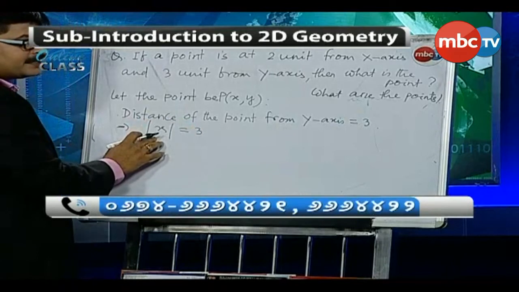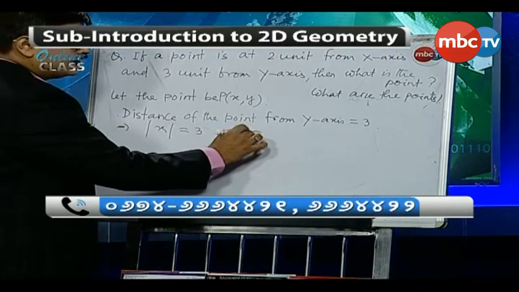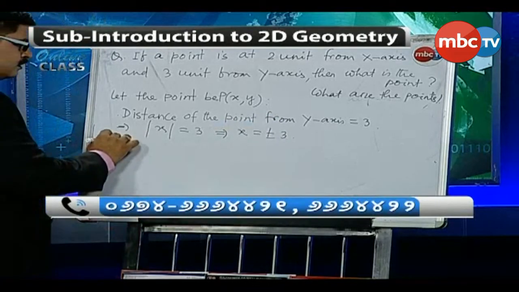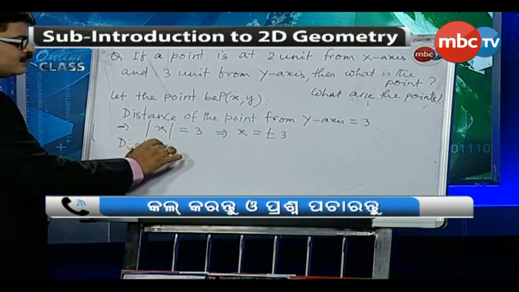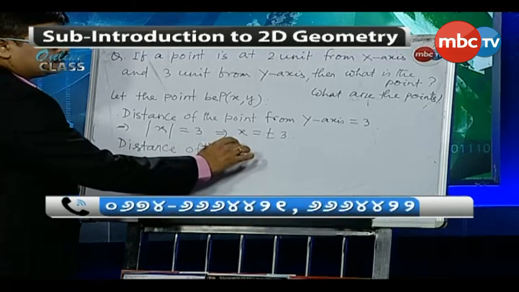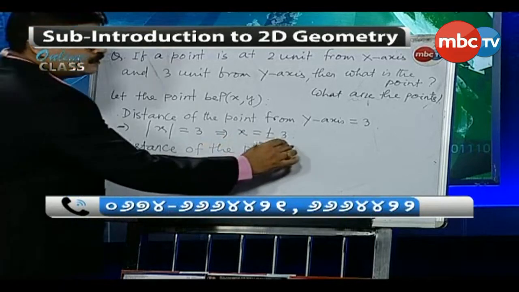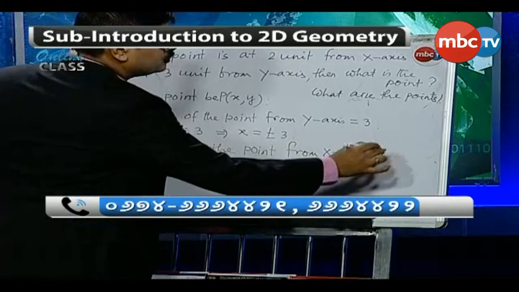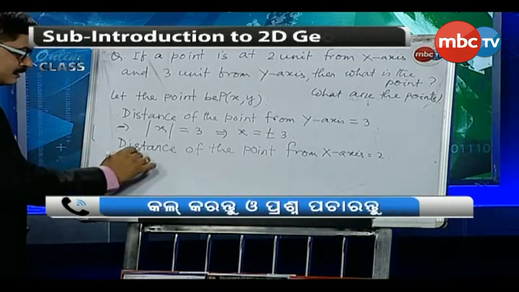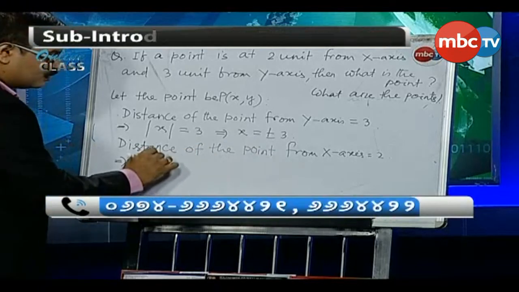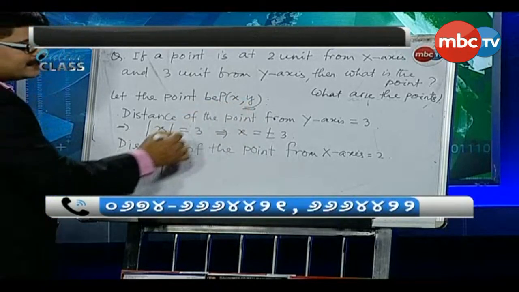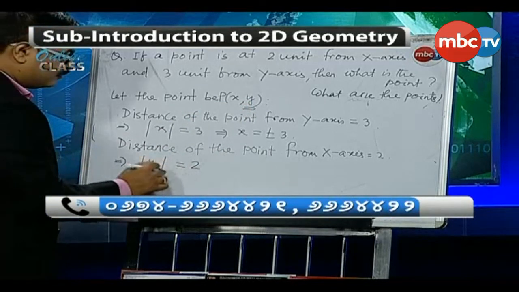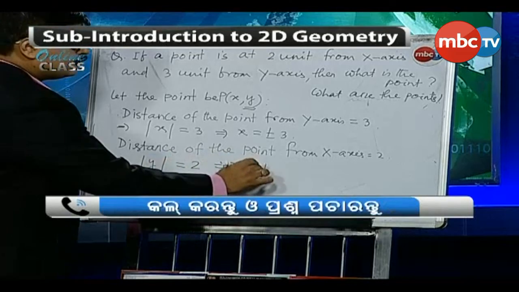Now if modulus x coordinate is 3, then x will be what? Then x will be plus or minus 3. Again what is given? That distance of the point from x axis is equal to 2. That implies distance from x axis means modulus y coordinate, and our y coordinate is y here. So we write mod y is equal to 2. Now if mod y is equal to 2, then y will be plus or minus 2.